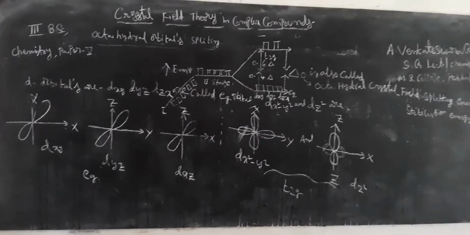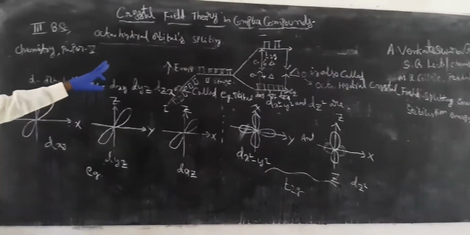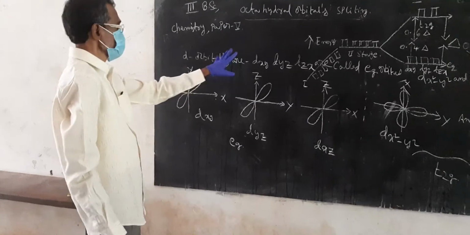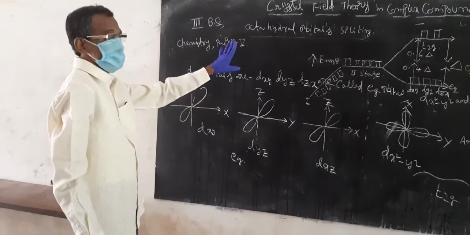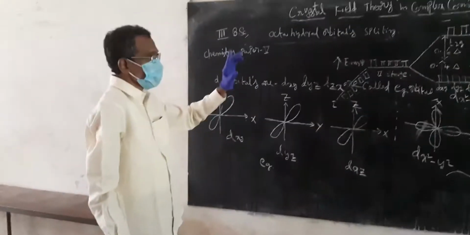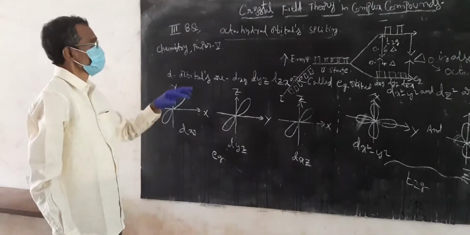So first, octahedral complexes. Octahedral complexes have coordination number 6.